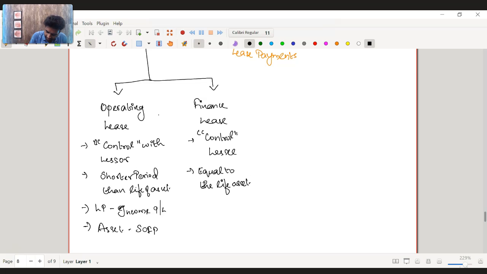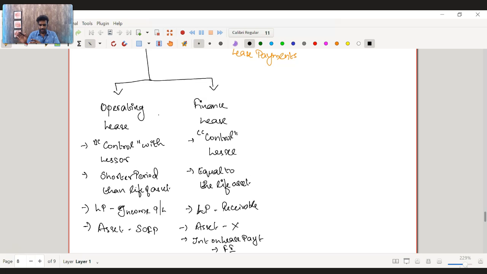Whereas in a finance lease, the lease payments will not be shown in income, but rather in receivables, and the asset will not be recognized. You will show a lease receivable as an asset, and the interest on the lease will be taken to your finance income. This is how finance leases are categorized.